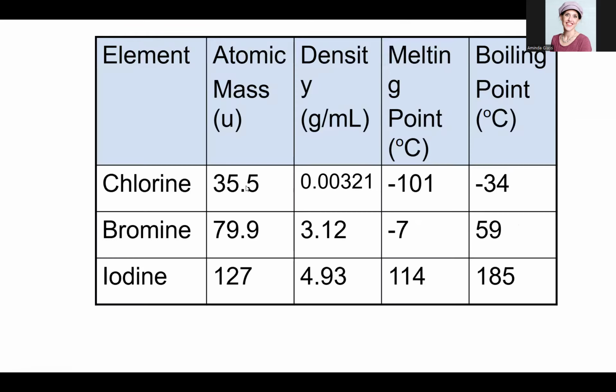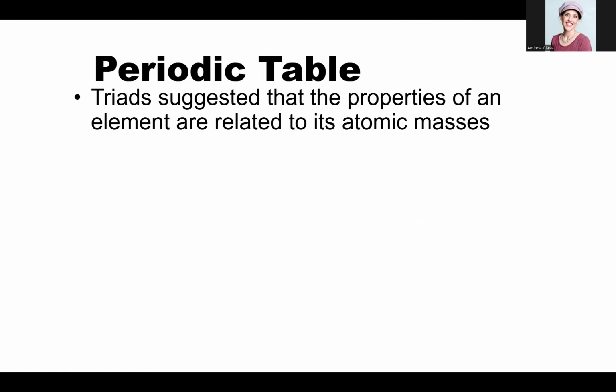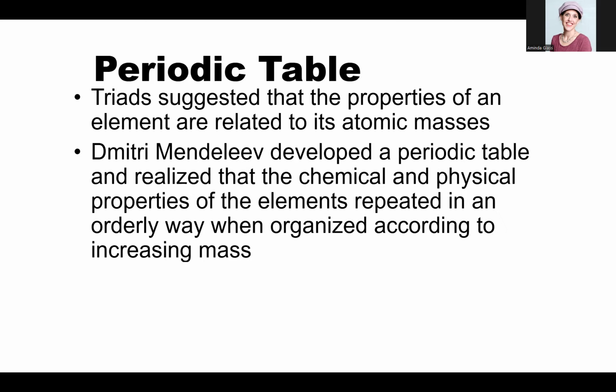You can see the halide triad right here, that the atomic mass increased, the density increased, melting points increased, and the boiling points increased. And he got excited by breaking them down this way, and he's introducing it to his fellow scientific friends. Because this suggested that the properties of an element are actually related to its atomic masses.